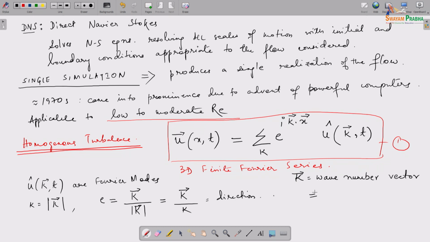This is equal to, okay, I think I should write this also here. So essentially, that's what we are looking at. This is how we are going to represent a velocity.